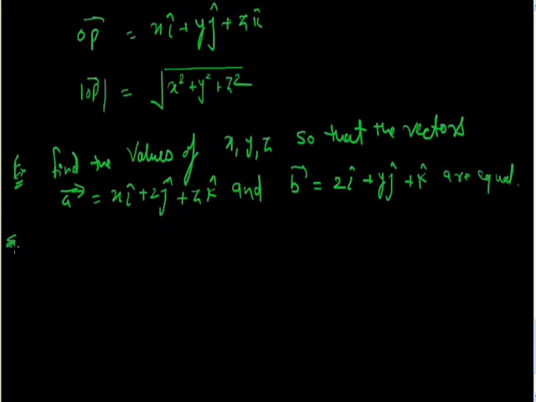Now the solution: the A vector equals the B vector is given. So by equating the coefficients of i cap, j cap and k cap, we get x equals 2, y equals 2 and z equals 1.